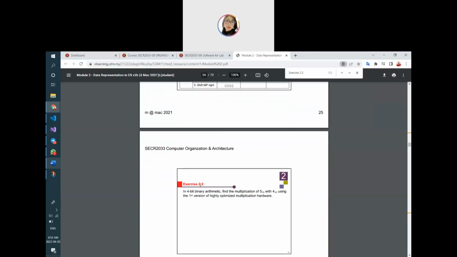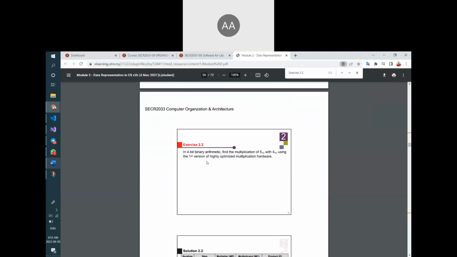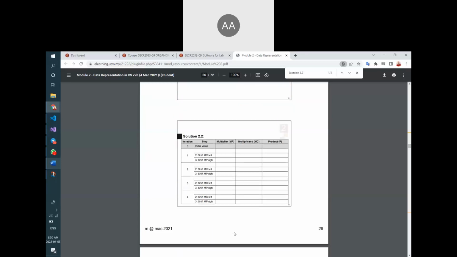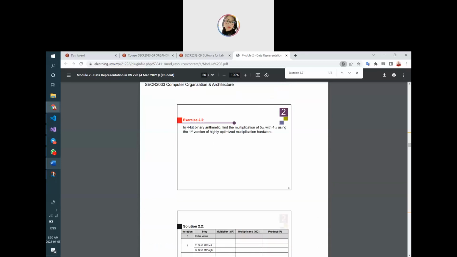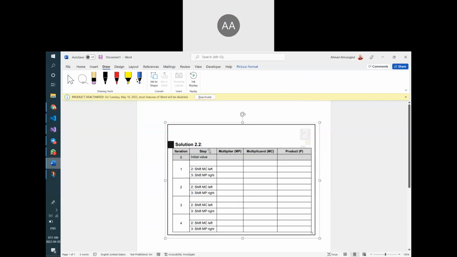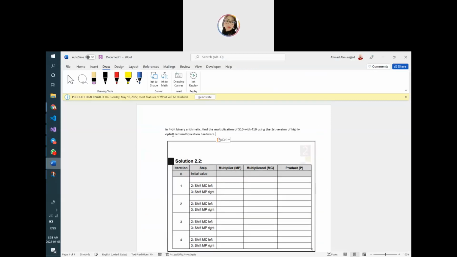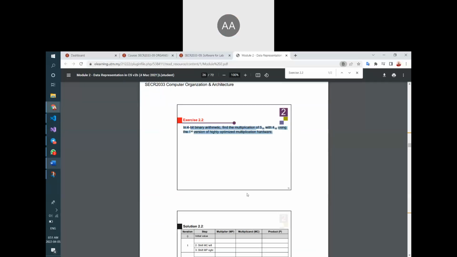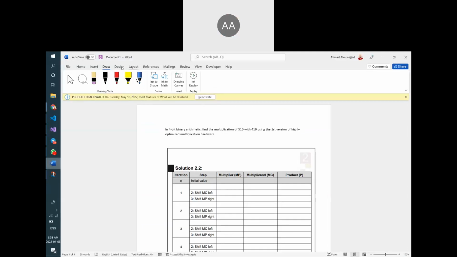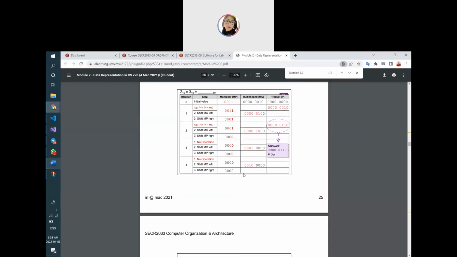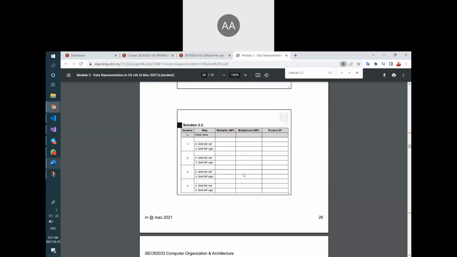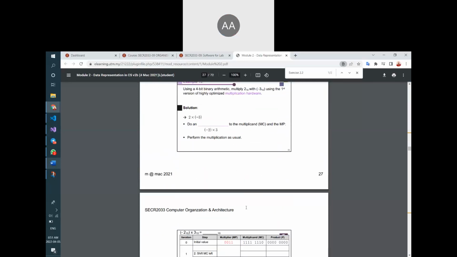This is Exercise 2.2. Do you mean the equation? The question, not the equation. And then you need another one, the flowchart. Where do I get it from? From the draw? No, the module. Last time we already learned the flowchart.